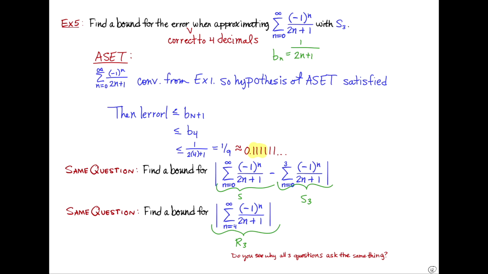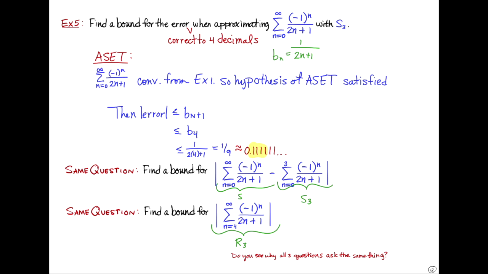But now let's round up. Let's round way up. So let's say we round up to 1. Then could you guarantee that the error is going to be less than or equal to 1? Well, knowing that it's going to be less than or equal to 1/9, that seems like a sure thing. So we should feel really comfortable saying, yeah, I guarantee, let's round up. So when you're finding error bounds, you always round up.